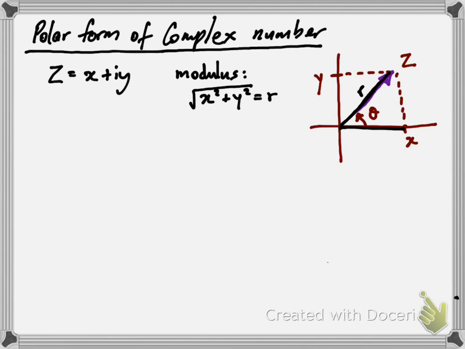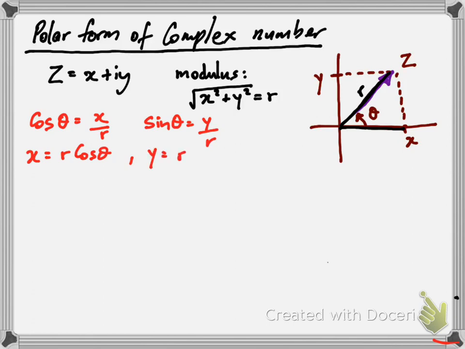If you write the sine and cosine ratios, so cos theta equals x over r, and sine theta equals y over r, and therefore x equals r cos theta and y equals r sine theta.